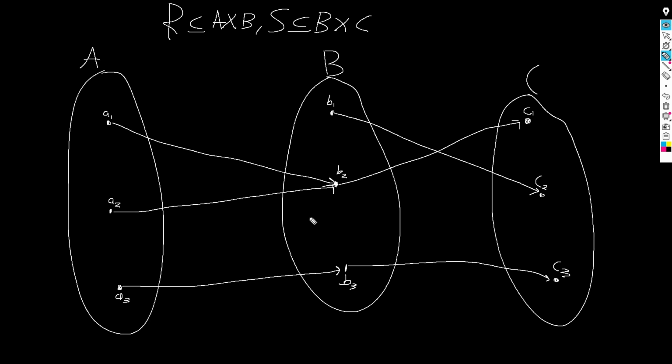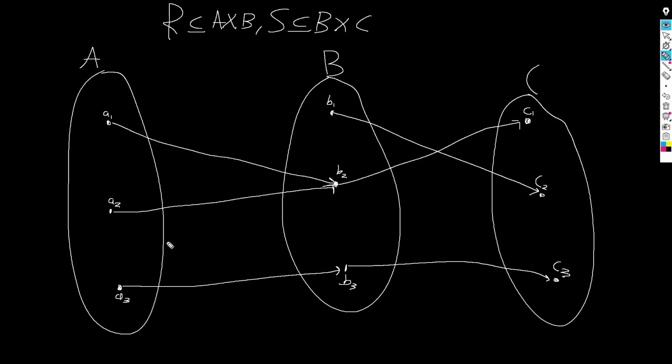Pictures representing compositions of relations are a little bit harder to understand. For example, consider this picture, which represents the relations R and S defined up here. We can see in this picture that, for example, a1 is R related to b2, and b2 is S related to c1. So that would mean a1 and c1 are related to each other from the composition of S and R. Or in other words, a1 is S after R related to c1, written like this.